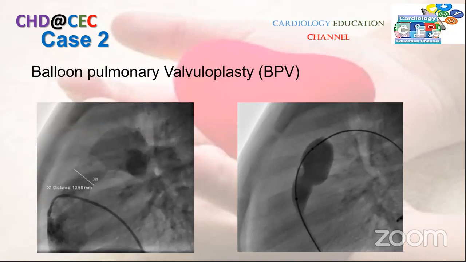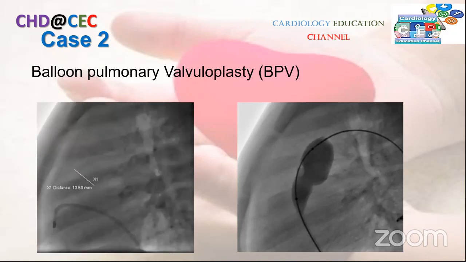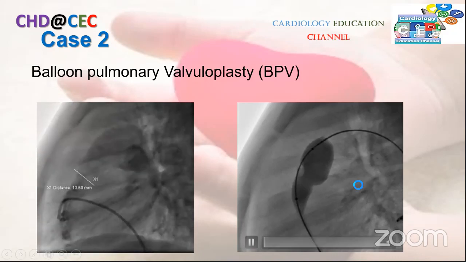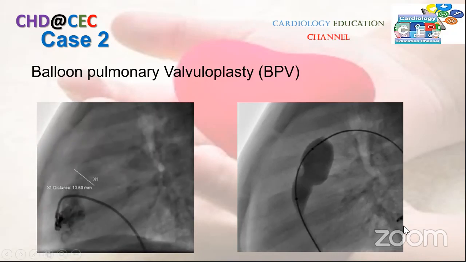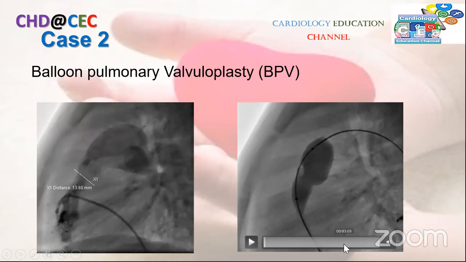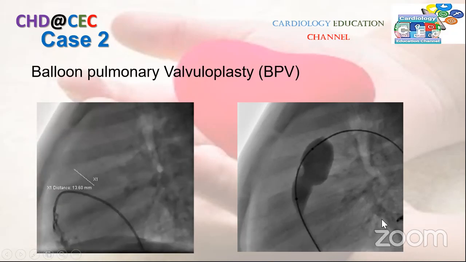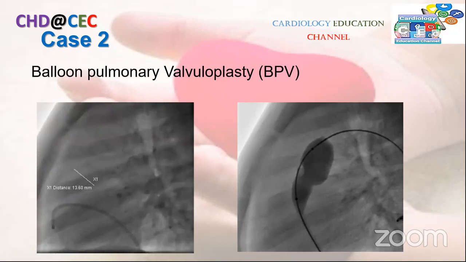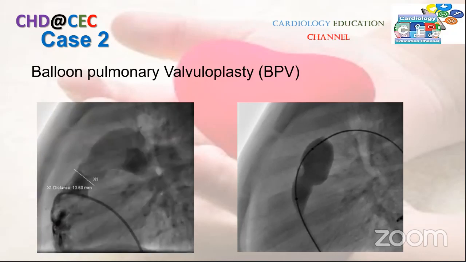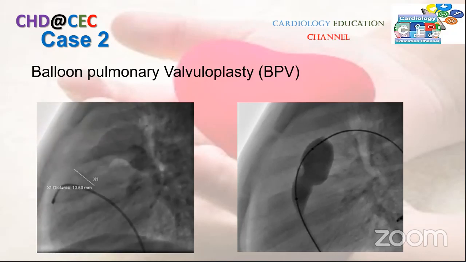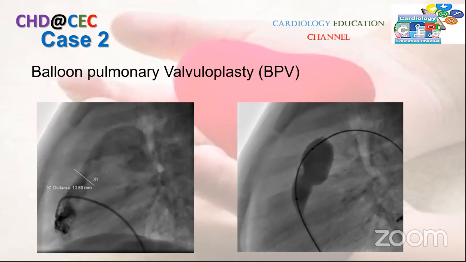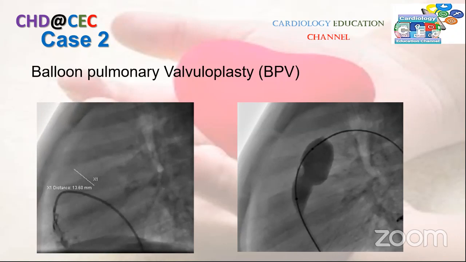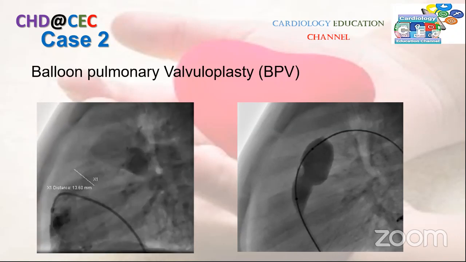One of the most common findings after the procedure, it's not really a complication, is the infundibular reaction from the balloon dilatation, which usually overestimates the RV pressure. So you always have to check that you don't have a severe infundibular reaction, which will give a false impression of a high RV pressure.